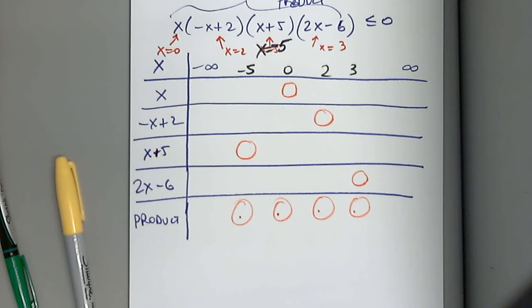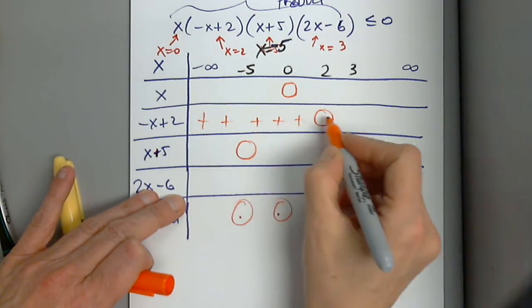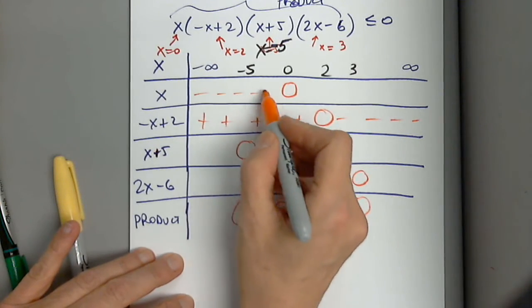How many of these 4 factors have a negative slope? 1. So what will be the end behavior for that one? From positive to negative, that's all I want to know. I don't care about anything else. And what will be the sequence of signs for the other 3? That's it.